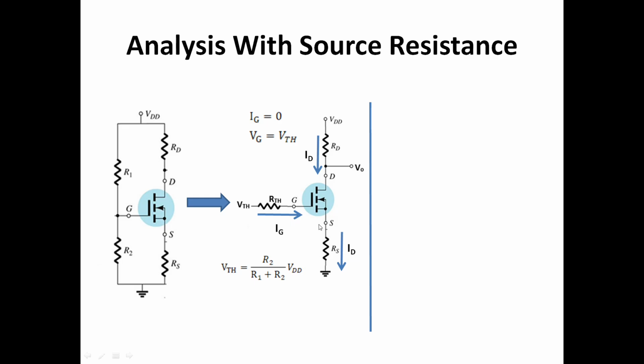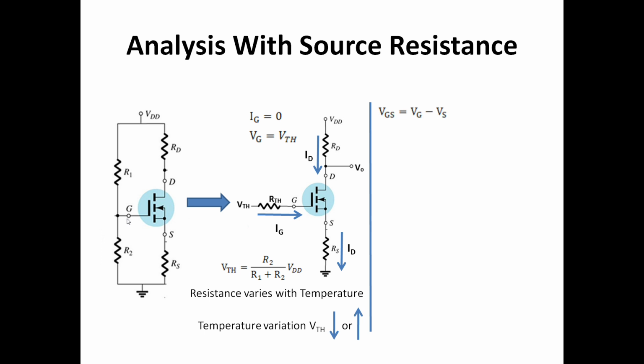So Vg equals to Vth and Vth equals to R2 by R1 plus R2 into Vdd. Now with the increase or decrease of resistance, the Vg will increase or decrease. So Vth and Vg are temperature dependent. We have already discussed that.